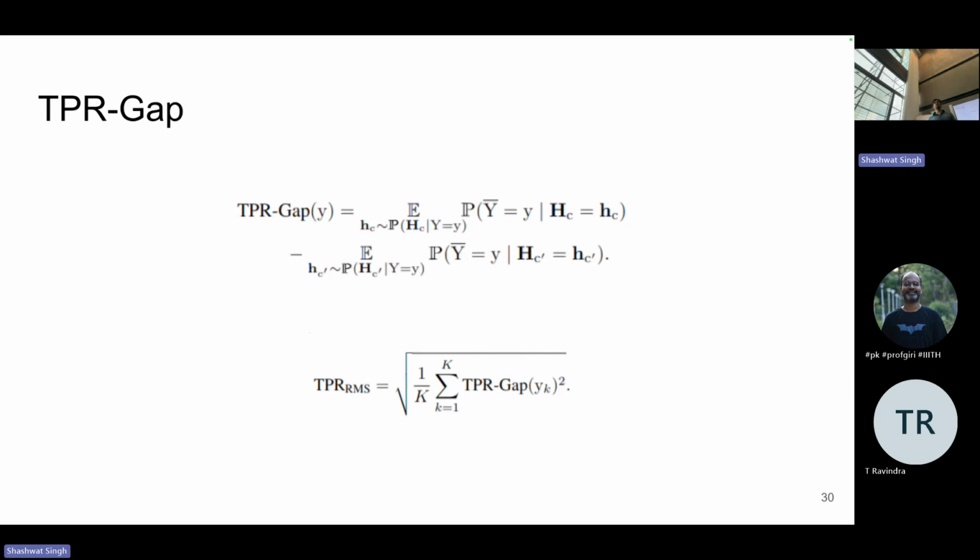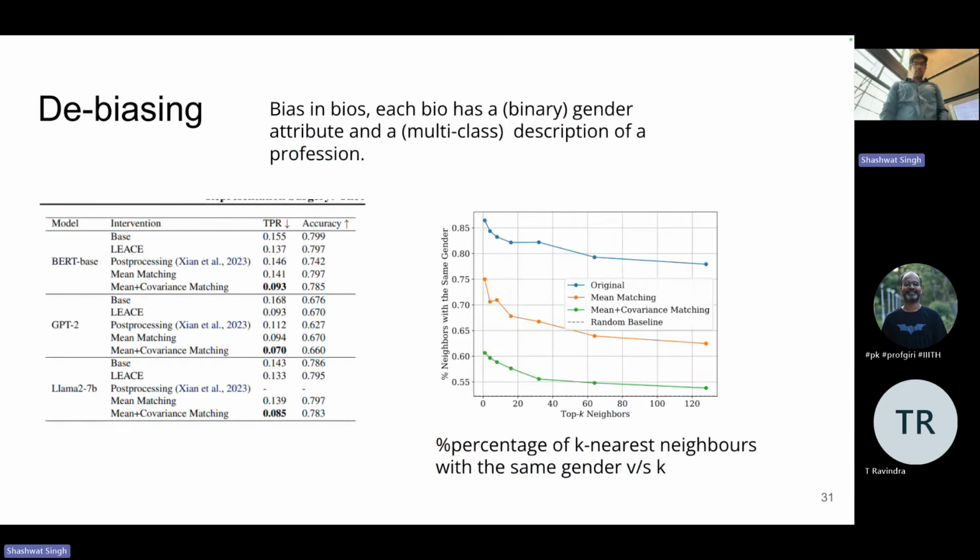So given an unrelated attribute, my classifier should not have a wildly different behavior. That's largely it for a given class of profession. For all of the classes, you essentially do a mean square and average. So that's the metric.